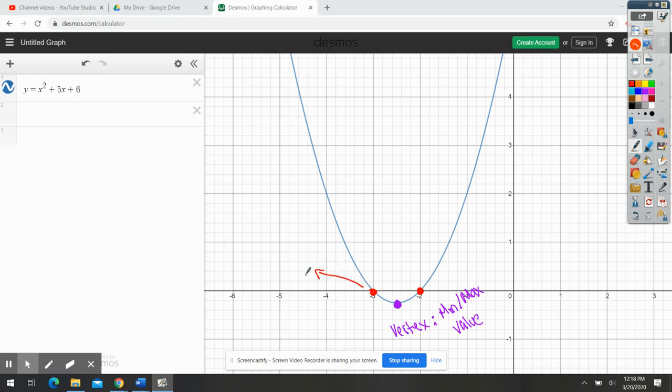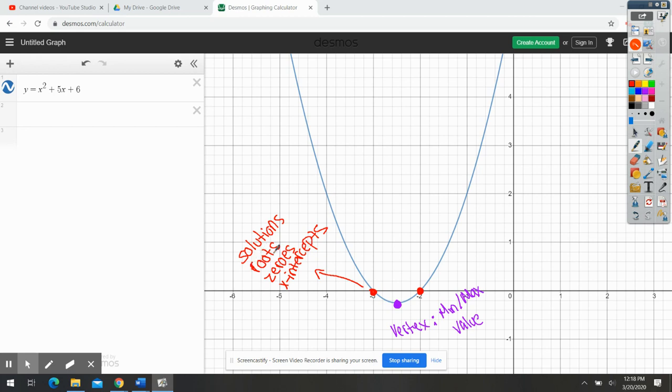They have a few different names. They're called solutions, roots, zeros, or x-intercepts.